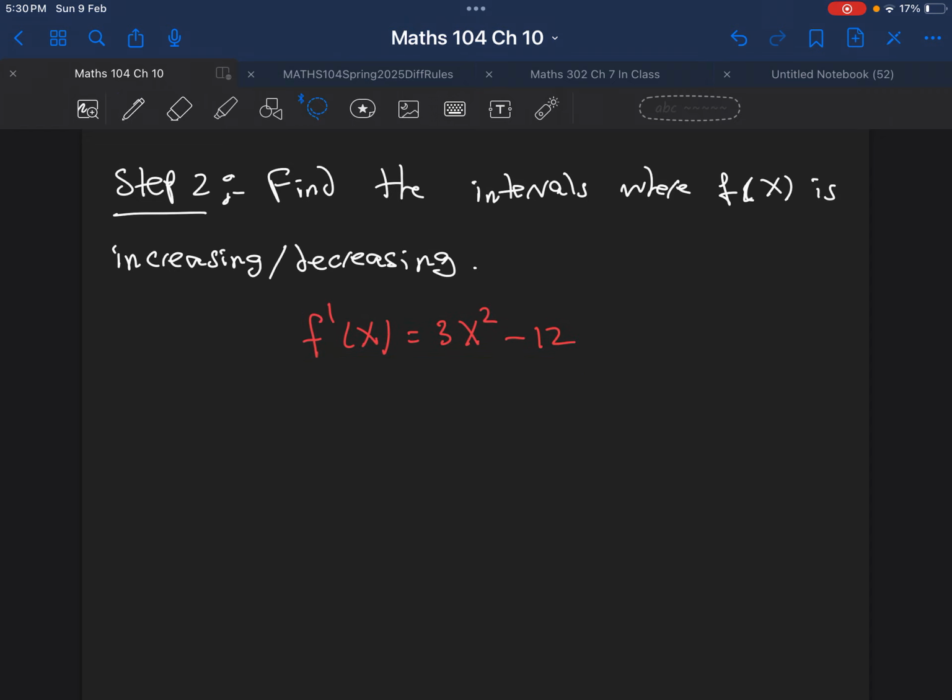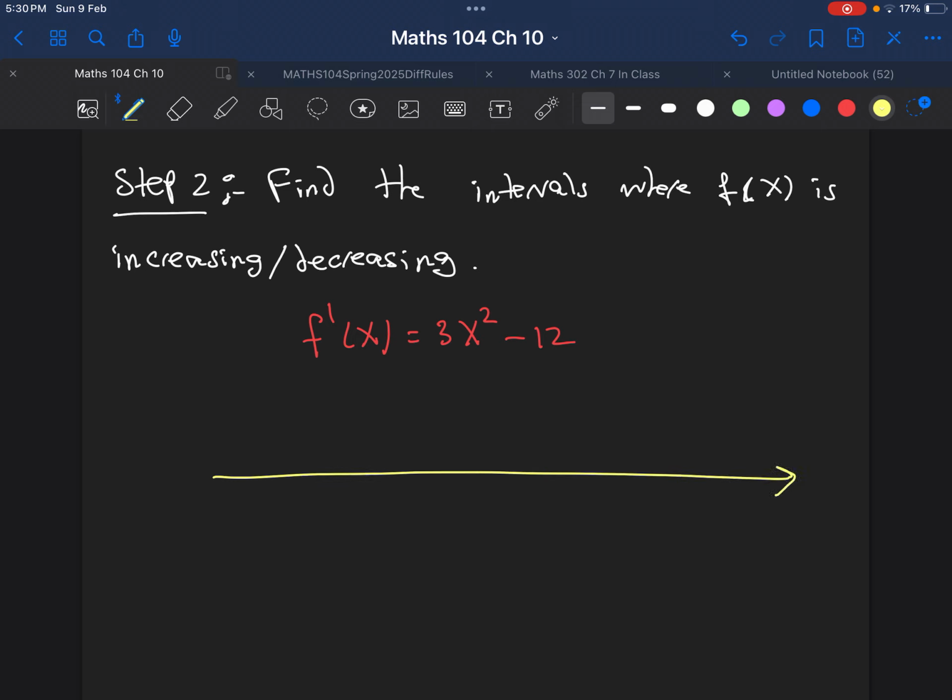So here we put the function. Next step, we need to write the number line. So this is the number line. And now we need to find the sign of the derivative. In this number line, I have -2, and here I have 2.